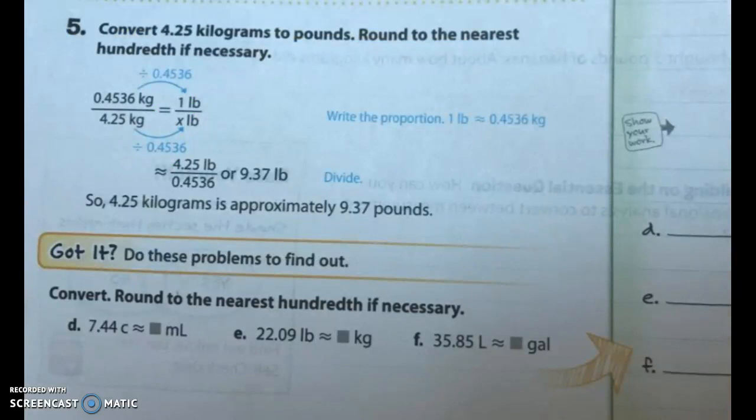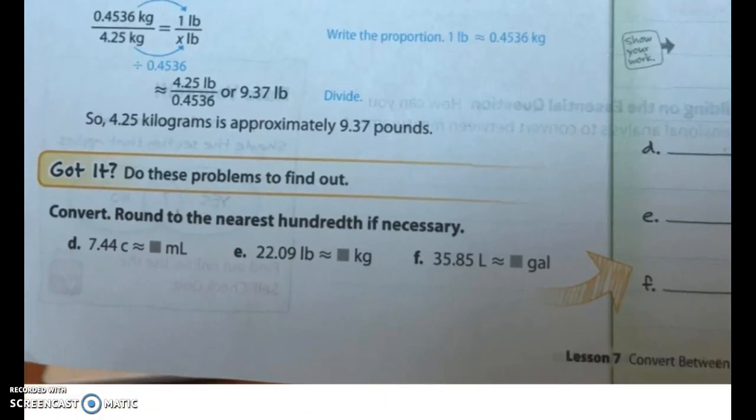We're going to skip example 5, and I want you to pause and see if you can solve F. Okay, pause your video and let's look at example F, and then unpause and I will work it out for you. So we've got 35.85 liters and we're trying to get to gallons on the other side.